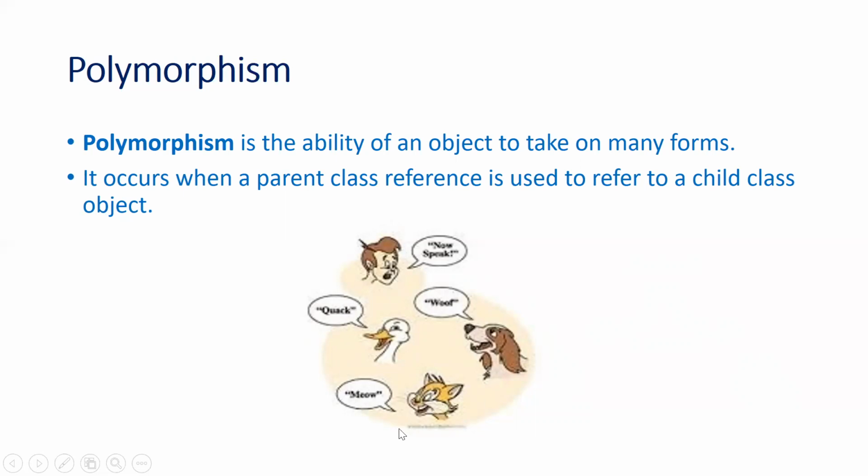Maybe they are saying the same thing, but their form of sound is different. This is called polymorphism, when all have some common properties, but all the data are in different forms.